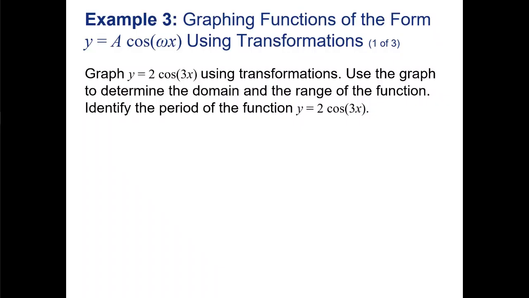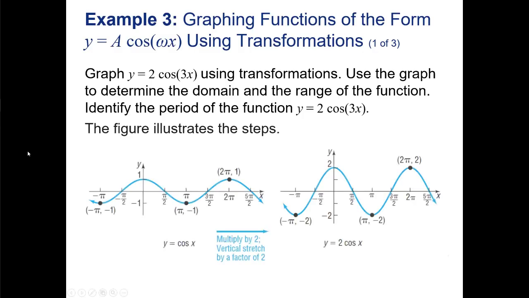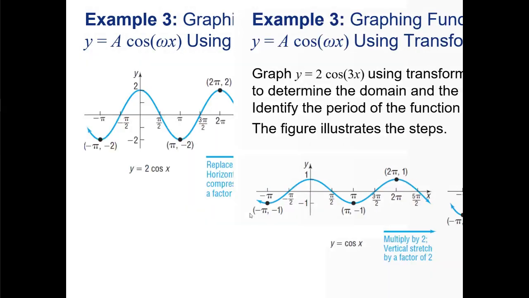Okay, and here we are back at that original question. So let's see how the text is following through on this. If we look at it, they do the stretch vertically by a factor of 2. So that makes our range go from -2 to 2 at this point. Okay, so that's this part here, the A, the amplitude.